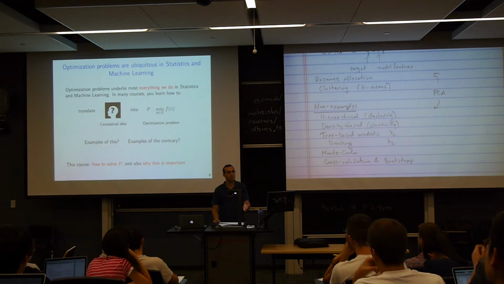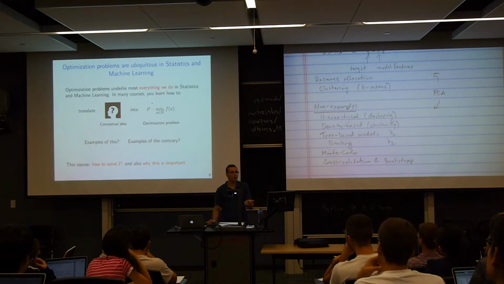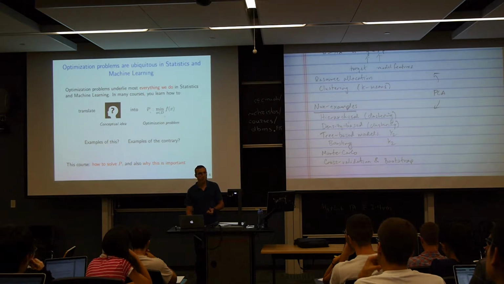We're going to assume that you've seen that in other courses. We're going to be opening up the black box that this right-hand side is, and figuring out details about this problem, which we'll call P, how to solve it, and also why it's important to recognize that certain problems can be posed as optimization problems.